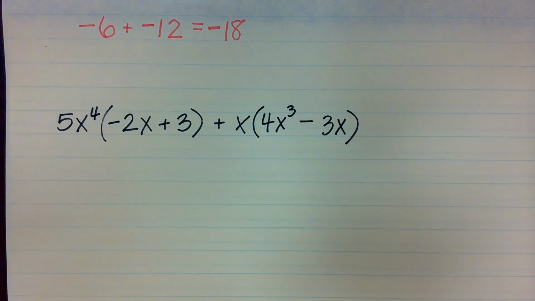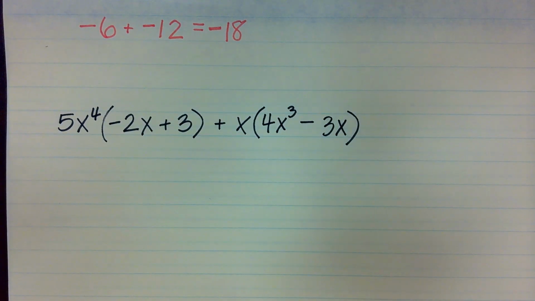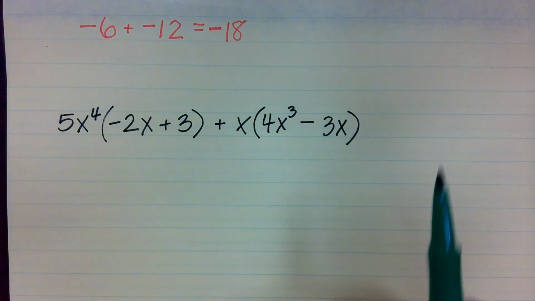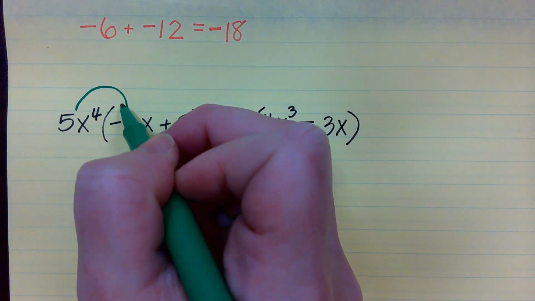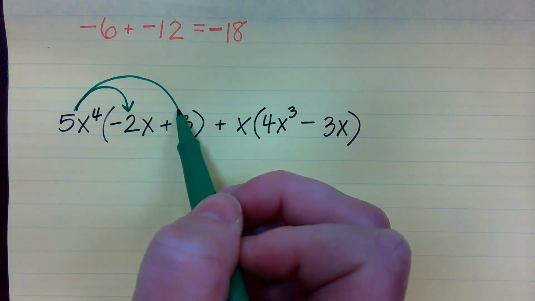You're welcome to work ahead and do it yourself if you feel super confident, but I'm also going to walk us through it for those of you who want a little guidance still. If you are working it out with me, feel free to shout out, what is my first step? Yeah, we're going to distribute 5x to the fourth power over to my negative 2x and my positive 3.